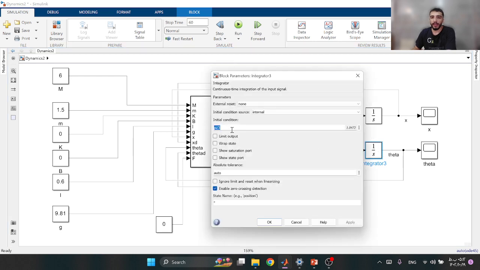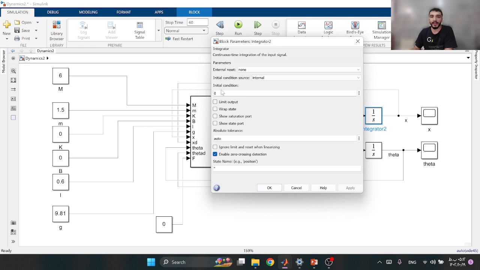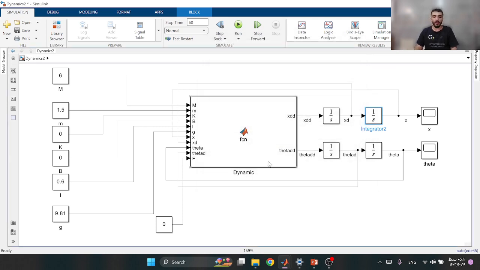And now if we set the initial condition for theta to 0 and set, for example, the initial condition for x to 10, we know that if the pendulum is at 0 and the cart is at any position with no velocities, we expect that the system stays at those values and does not change.